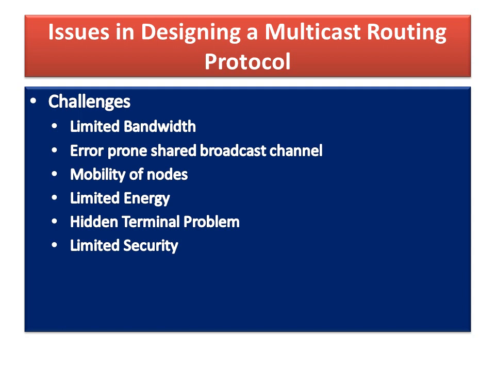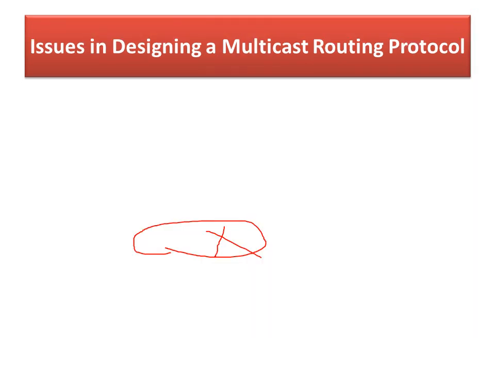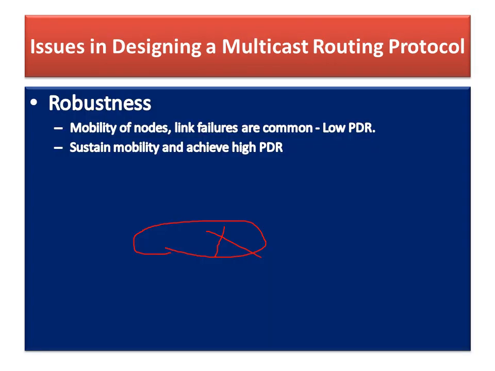So considering all the challenges that we have with respect to the limited bandwidth, the error-prone shared broadcast channel, the mobility of the nodes, the limited energy availability at the nodes, the hidden terminal problems that exist, and how the MAC addresses the security issues that you basically have, what we'll have to first start doing is design a routing protocol which is quite robust.